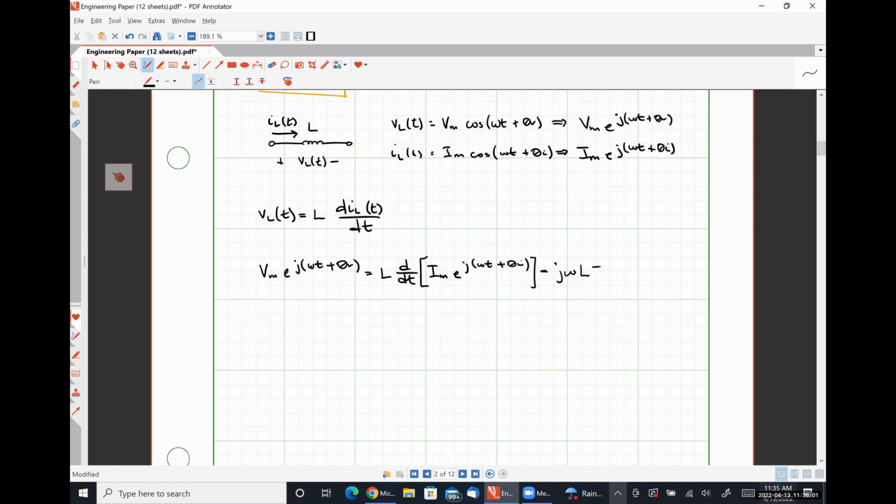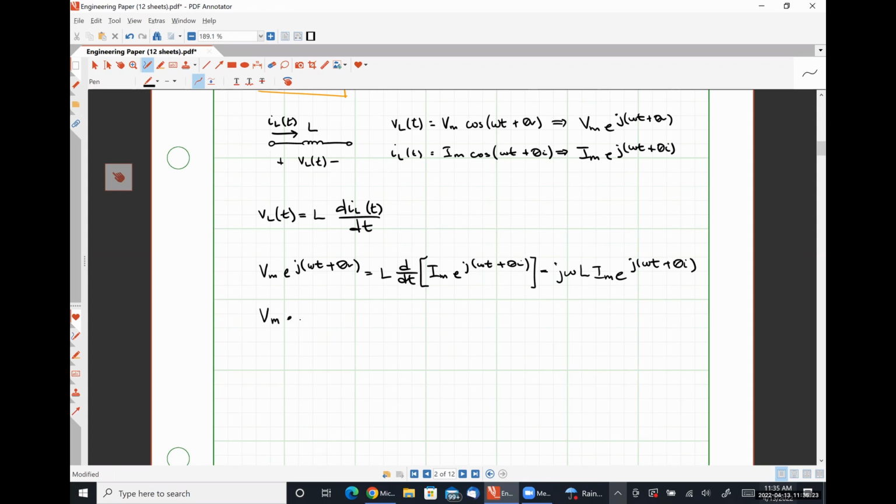So j omega L times Im e to the j omega t plus theta I. And I'm going to split my exponential functions up into a product like I did previously.